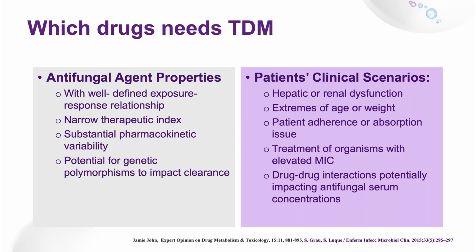Another important clinical scenario that becomes a little discussed in clinical science is the treatment of organisms which have a little higher MIC level. Here, the aim is to treat difficult-to-treat infections like Scedosporium, Fusarium or mucormycosis, where you expect a very high MIC for your azole antifungal therapy.